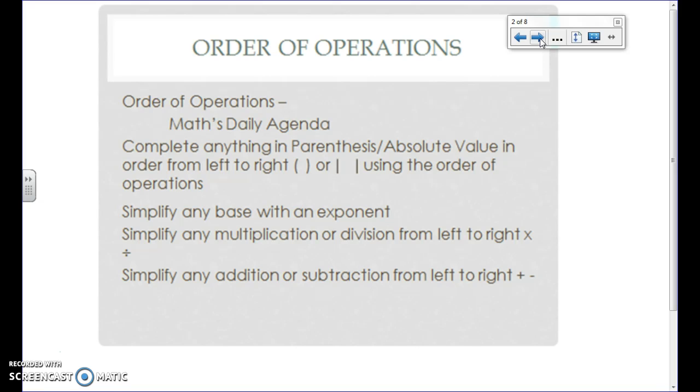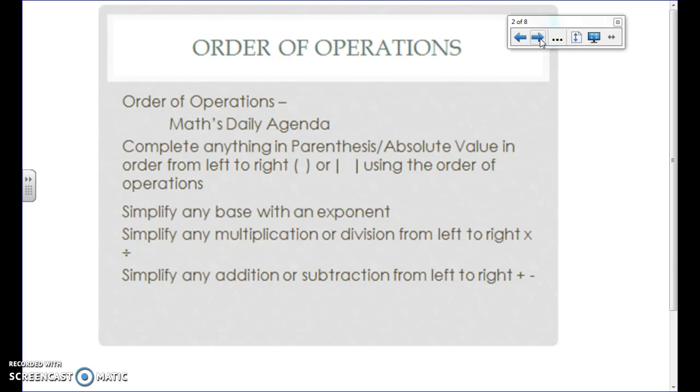Okay, so the first thing we're going to do is complete anything in parentheses or absolute value in order from left to right using the order of operations. The second thing we're going to do is simplify any base with an exponent. We learned about bases and exponents yesterday. So if you see one, that'll be the second thing you take care of.